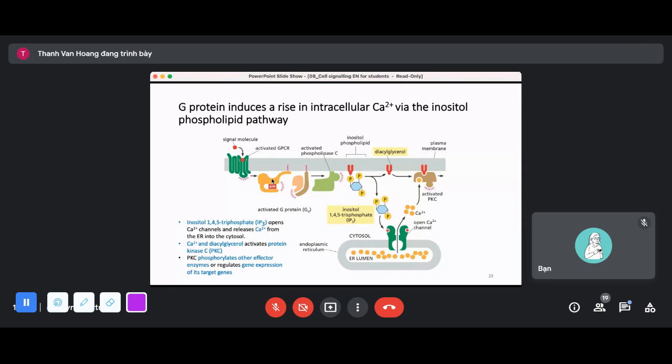And I told you that cyclic AMP is very unstable. It will be hydrolyzed into AMP. In the form of AMP, the signaling will be stopped, right? It's the mechanism of how cyclic AMP is deactivated. Understand?